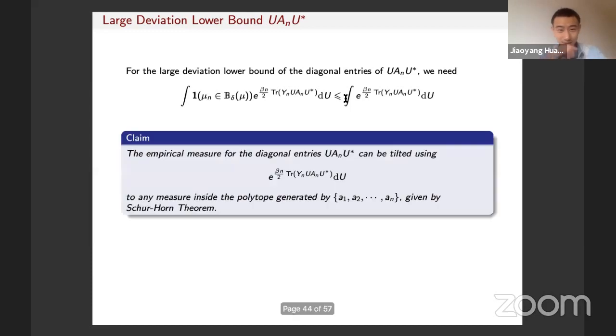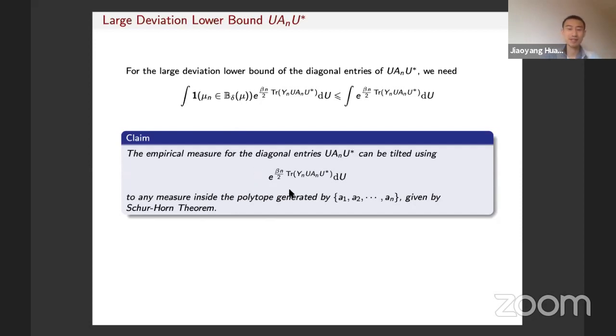And it turns out for this case, for any measure mu which is in the polytope generated by A1, A2 until AN, we can always choose some Yn such that under this tilted measure, the empirical measure of the diagonal entries will be concentrated around mu.